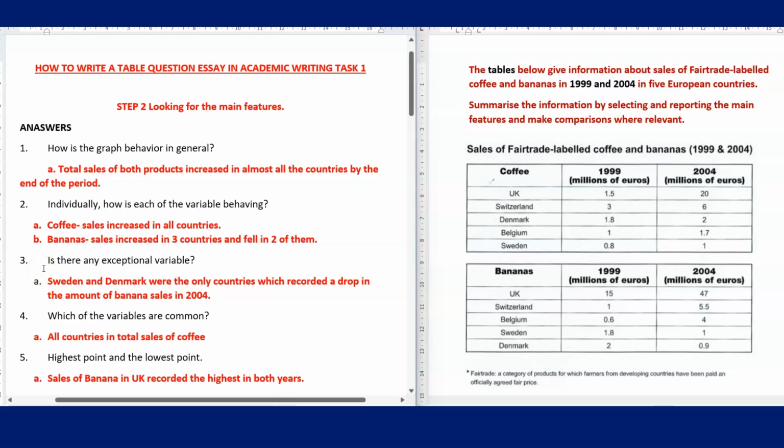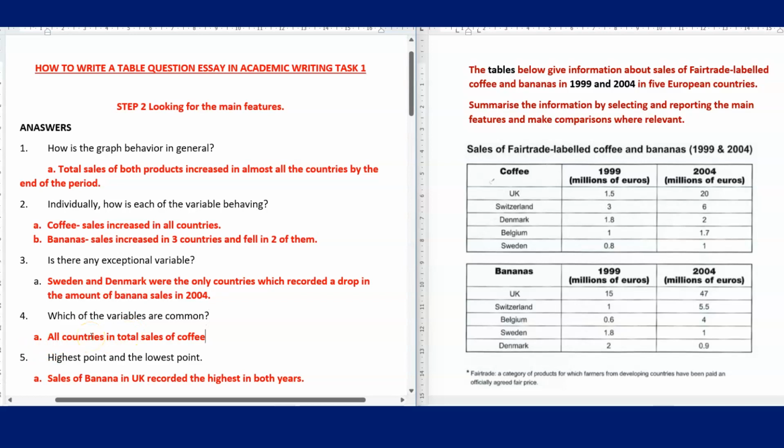The third one is, is there any exceptional variable? And that is what we saw from Sweden and Denmark. So we just write our answer. Sweden and Denmark were the only 2 countries which recorded a drop in the total amount of banana sales in 2004.